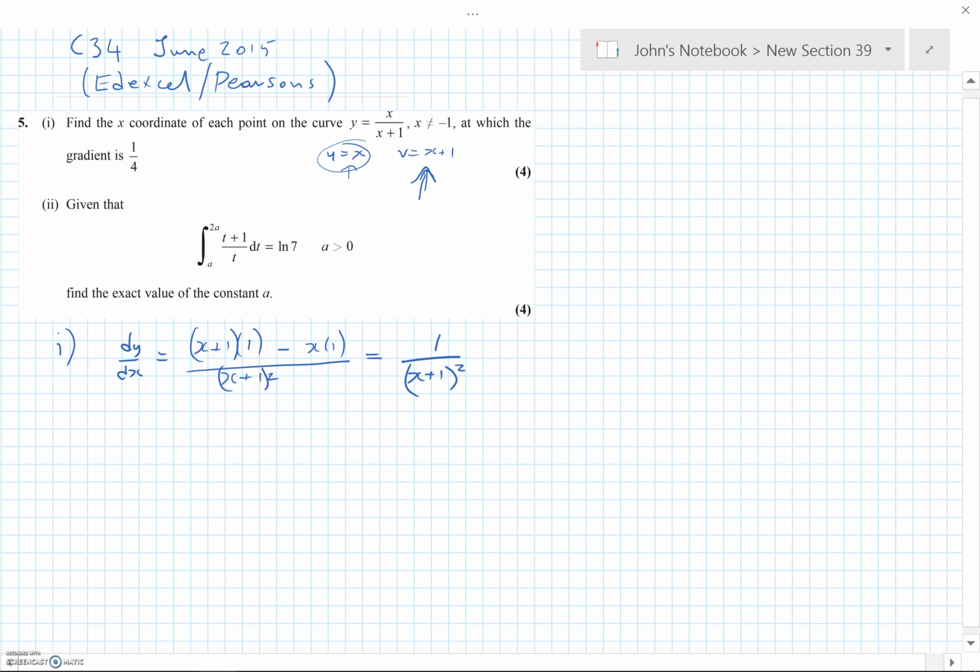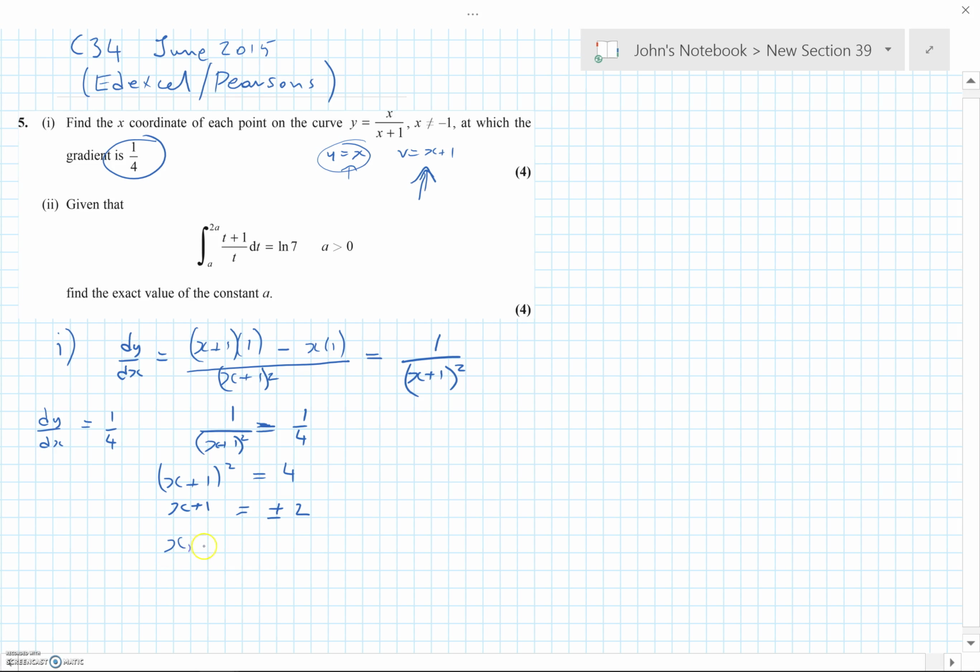And then we're going to equate that to a quarter. So dy by dx equals a quarter. That gives me 1 over (x plus 1) squared equals a quarter. Rather than multiply out, it definitely is better to take square roots, so x plus 1 is plus or minus 2.